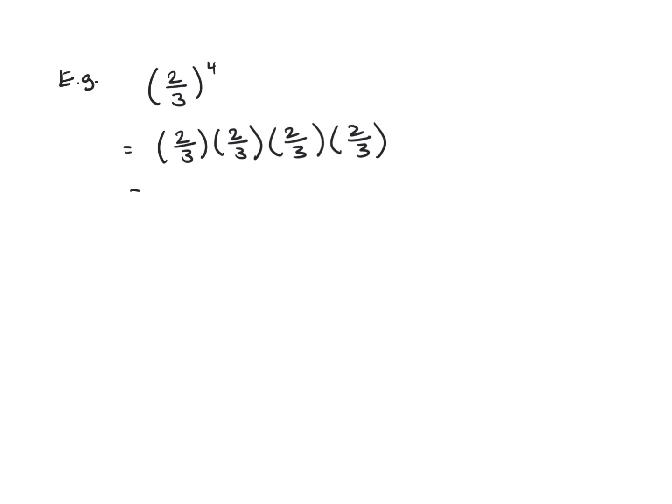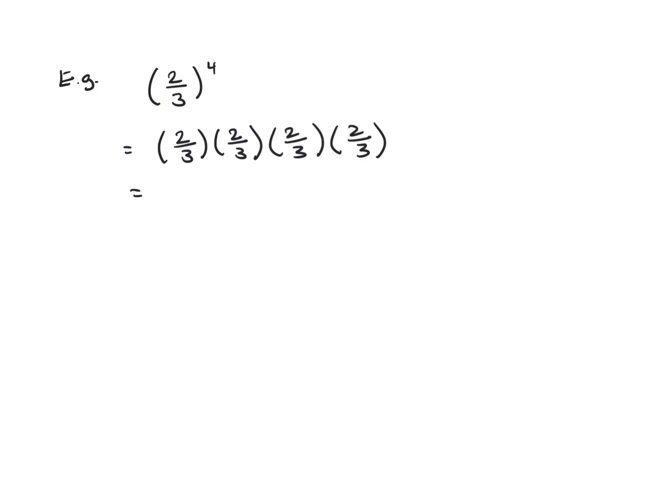Now to compute this, we think about multiplying fractions. How do we multiply fractions? Well, fractions multiplied would be numerator multiplied by numerator over denominator multiplied by denominator. And if we have 4 fractions like we do, then it's simply all 4 numerators multiplied together over all 4 denominators multiplied together.